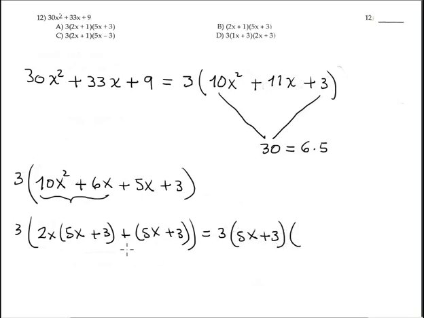Open a new parenthesis, inside the new parenthesis we have 2x plus 1, because there is an invisible 1 here. Okay, and this is the answer, which corresponds with the option 3 times (5x plus 3)(2x plus 1). The option A is the correct option. A.